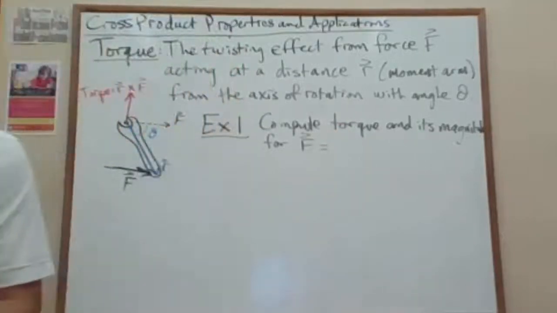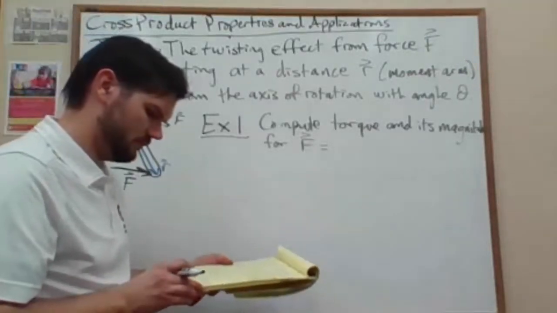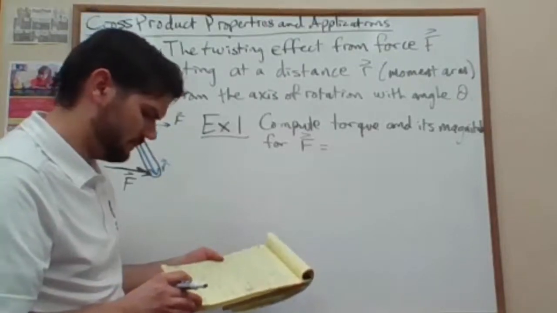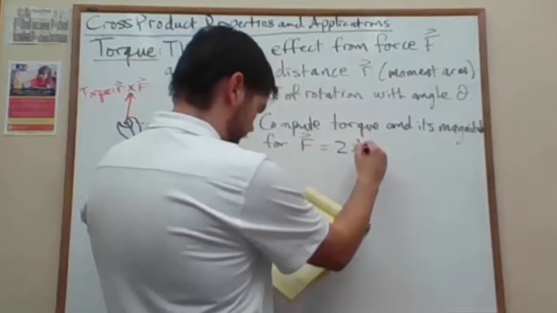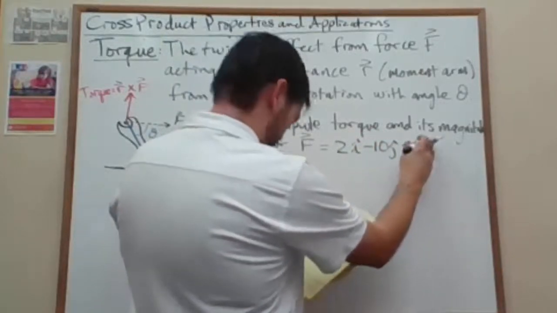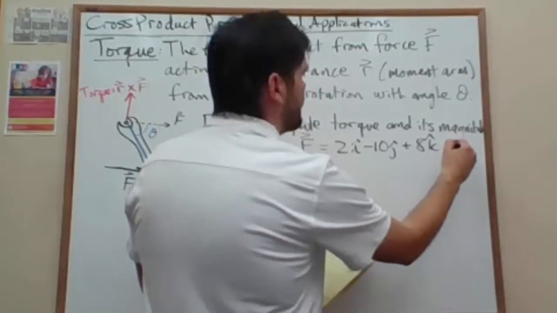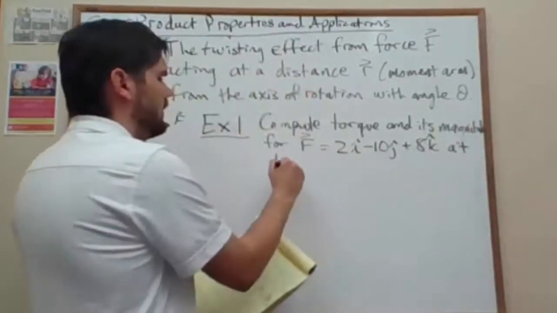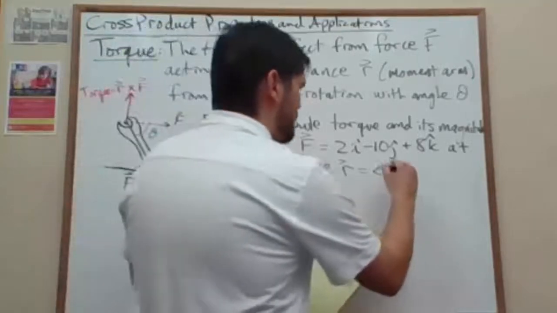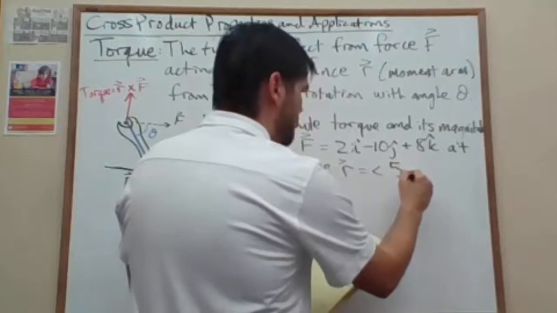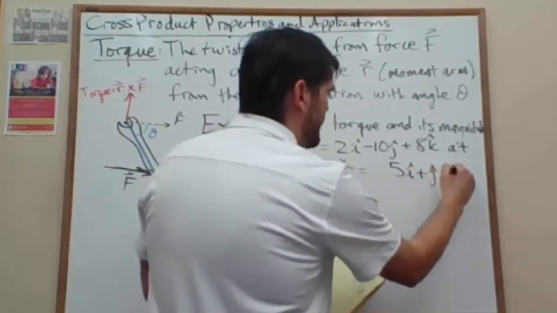Let's say we're looking at 2i hat minus 10j hat plus 8k hat at distance r, 5i hat plus j hat minus 6k hat.